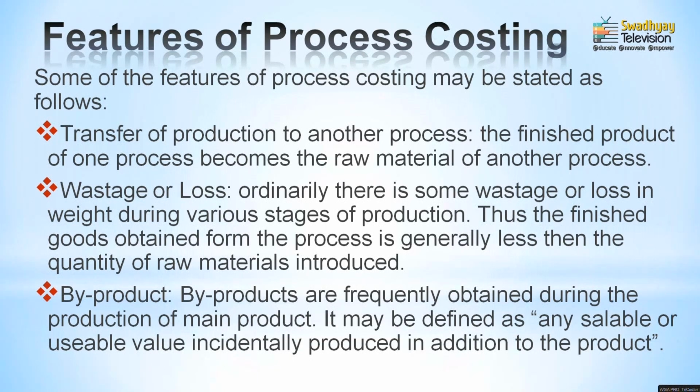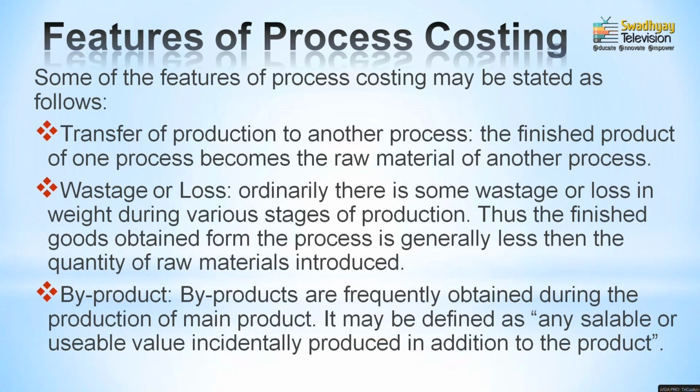Then wastage or losses: we need to identify normal loss, maybe abnormal loss, abnormal gain. According to these calculations, whatever input units are actually introduced in the respective process and however many units come out at the end of the particular process, the difference between the inputs and output of the respective process is your abnormal loss or an abnormal gain. Right.